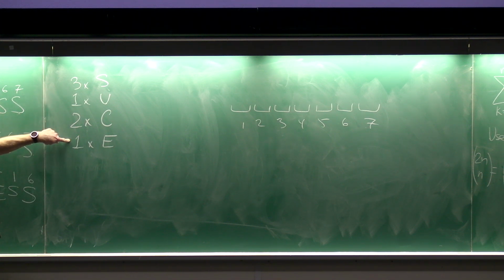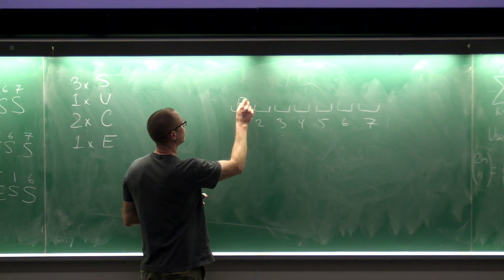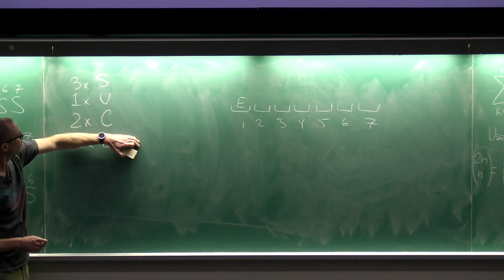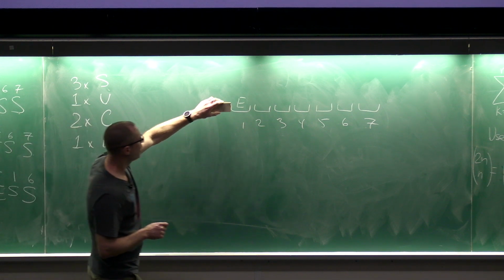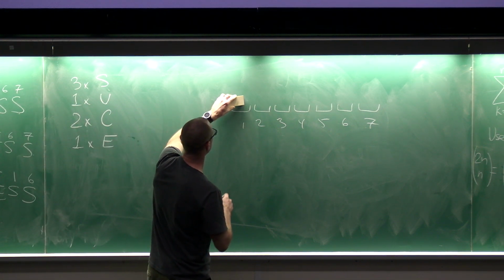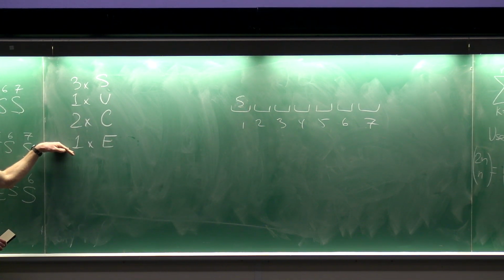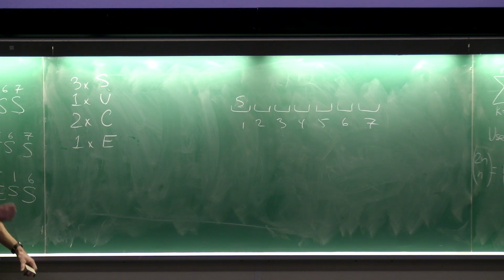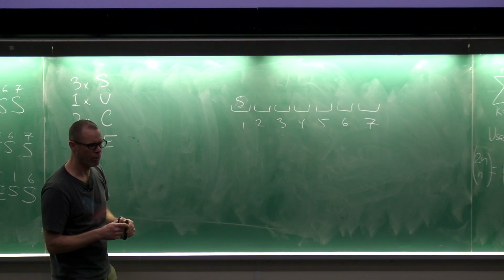Now, the problem with that strategy is that if I decide that the first letter is an E, then I'm out of E's, and I only have 3 choices. On the other hand, if I decide that the first letter is an S, then I still have 4 choices. To use the product rule, what we always want is that at step i, we have n sub i choices no matter what we did before. And this breaks that, because at step 2, we may have 3 choices or we may have 4 choices depending on what we did at step 1.